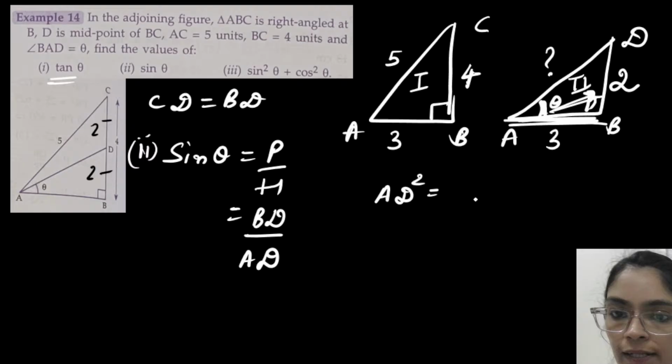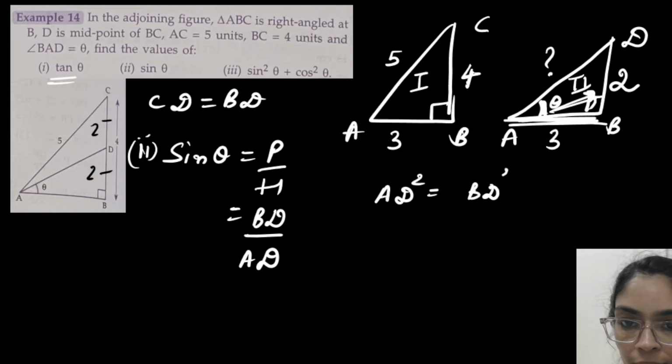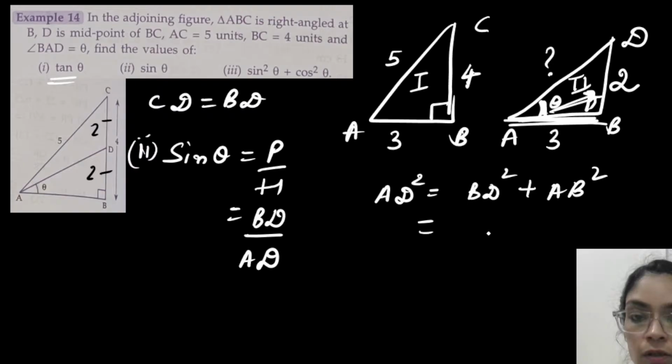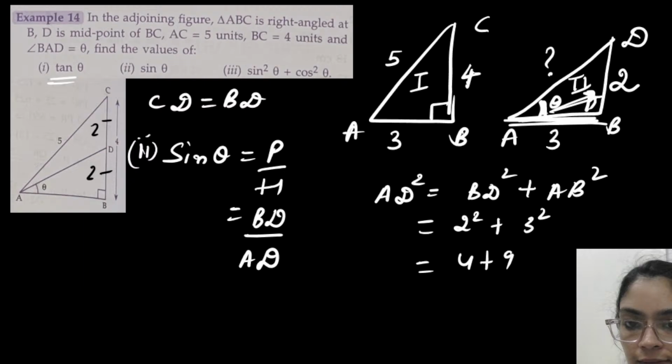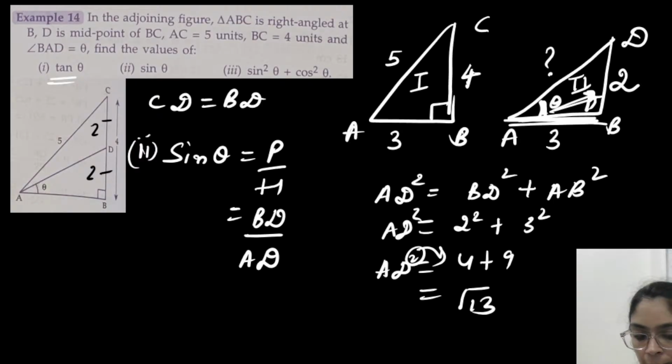AD square is equal to BD square plus AB square. BD's value is 2, 2 square, AB's value is 3 square. So 4 plus 9 is 13, so AD is root 13, because when the square shifts to the other side it becomes a square root.